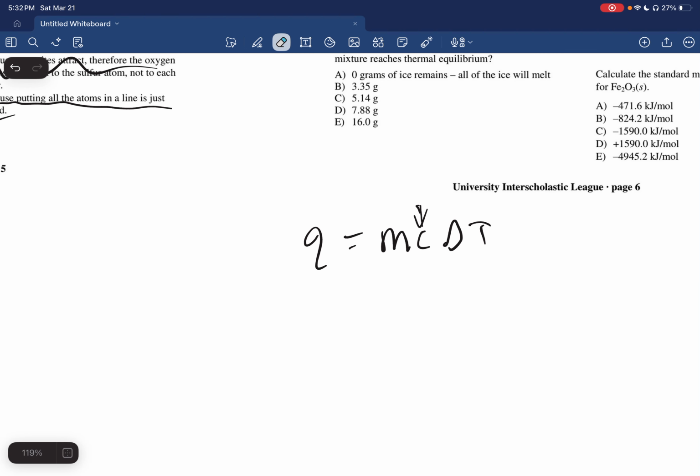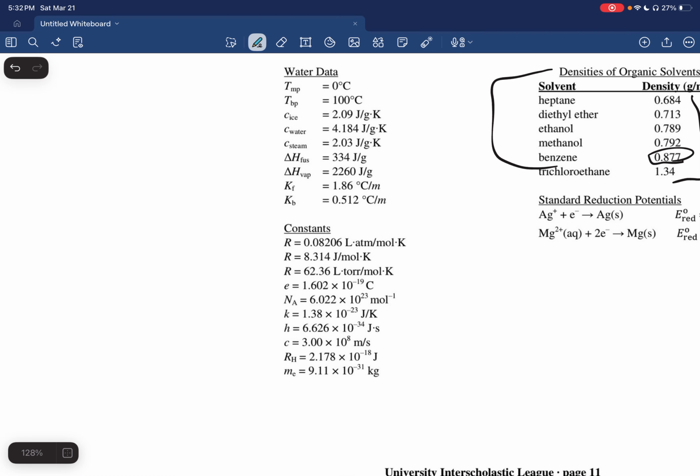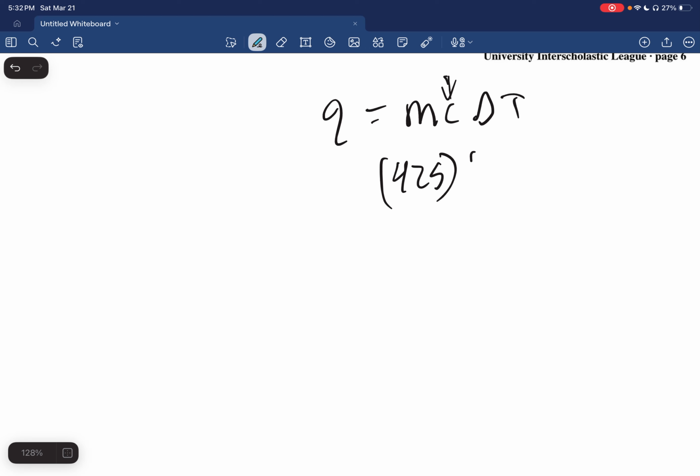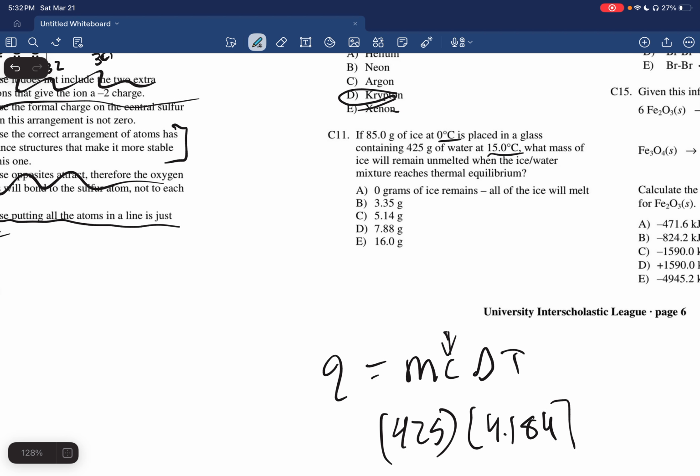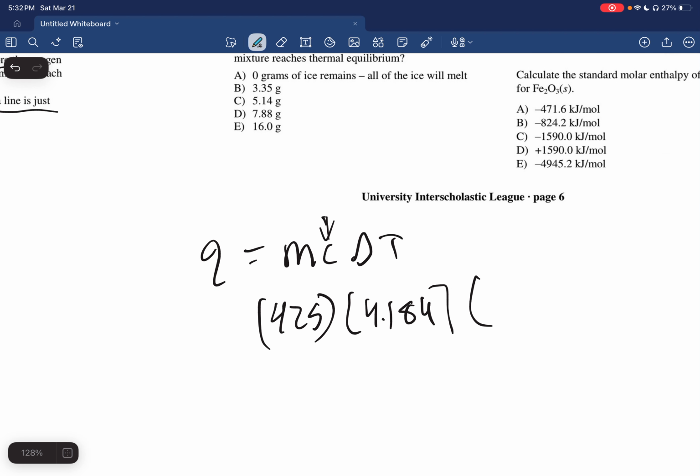So we have 425 grams of water. C for water is given on our equation sheet. It is 4.184. And our change in temperature, we're going from 15 degrees to 0. So our temperature final minus our temperature initial.